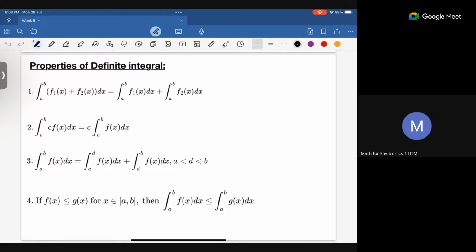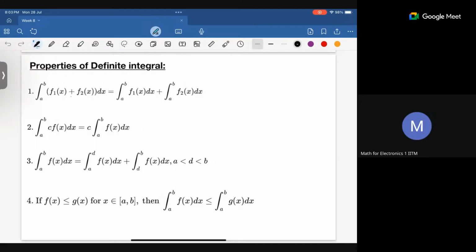You can prove this graphically also. You just plot two functions and also plot the third function, which is the sum of these two, and see how the area of the third function is connected to the first two. So you can prove that easily. I'm leaving that proof for you guys.